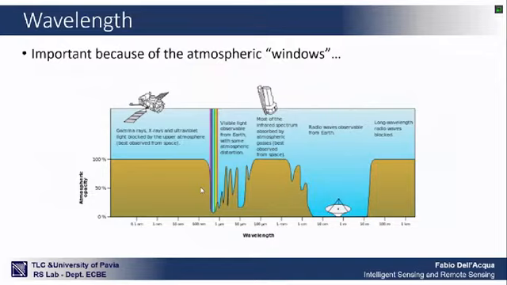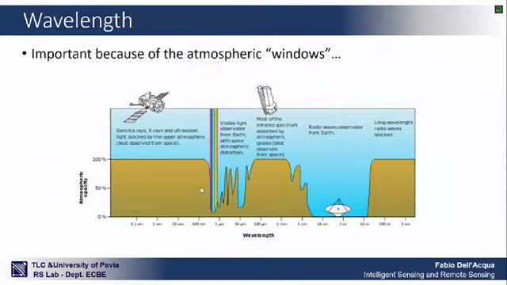But even when you have windows, the opacity of the atmosphere, the part of radiation which is absorbed, is not zero, it's greater than zero. So the atmosphere still interferes with the propagation of radiation. Not too much, but still needs to be taken into account.